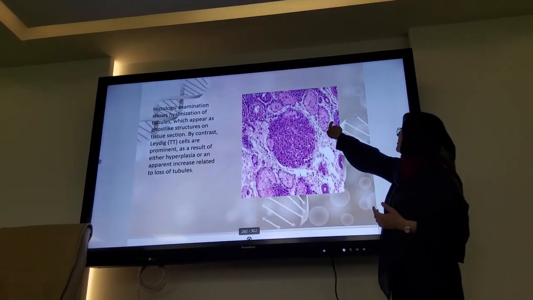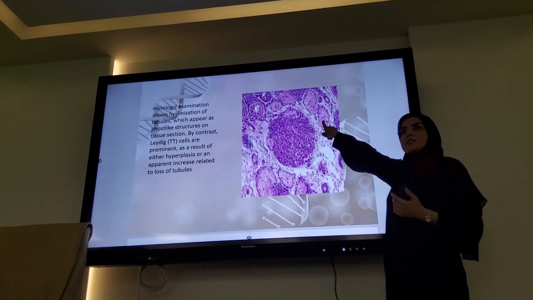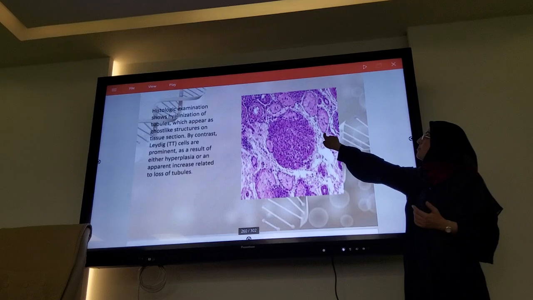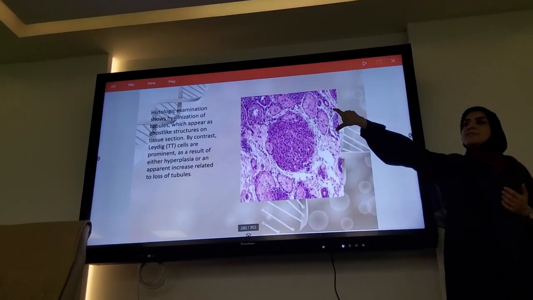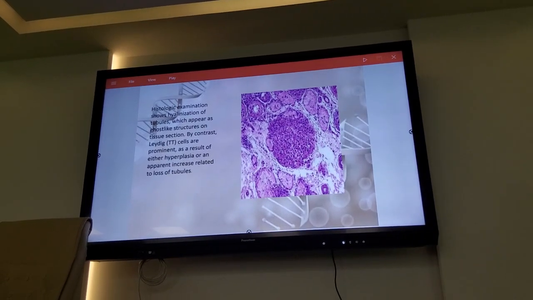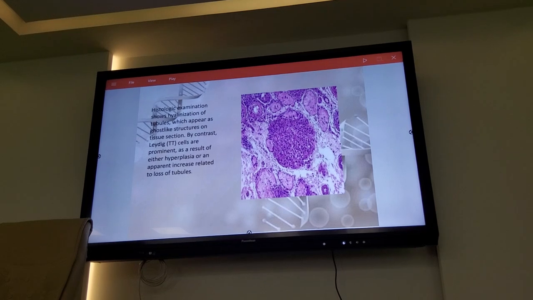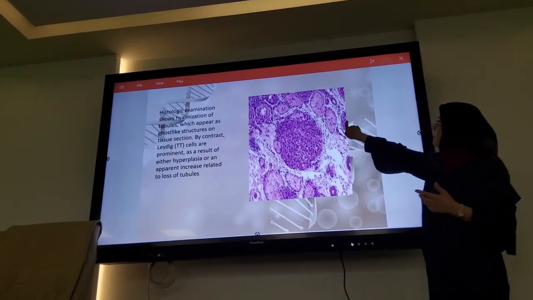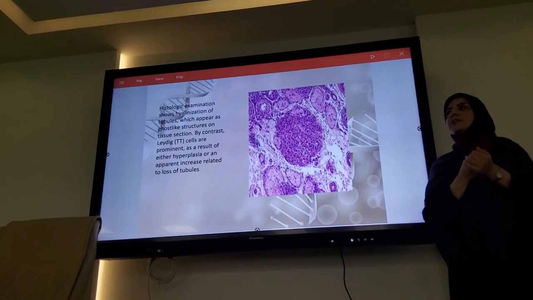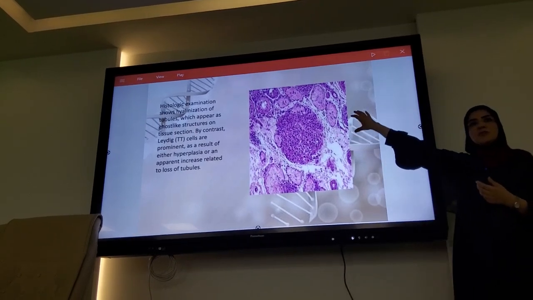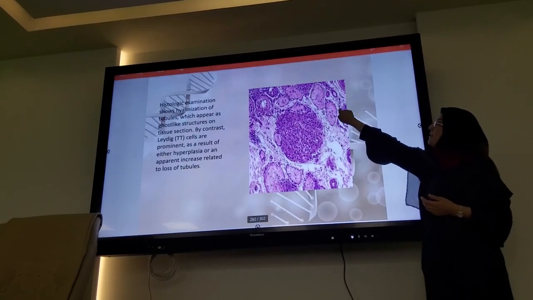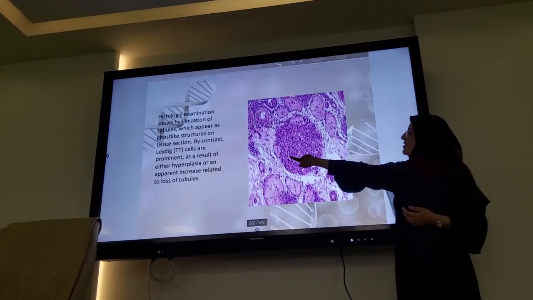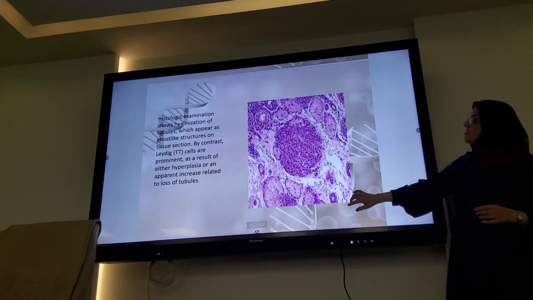In Klinefelter, the seminiferous tubules become atrophic and hyalinized. Hyalinized means hyalinization, something like amorphous eosinophilic material deposited inside the seminiferous tubules. So Leydig cells become prominent.